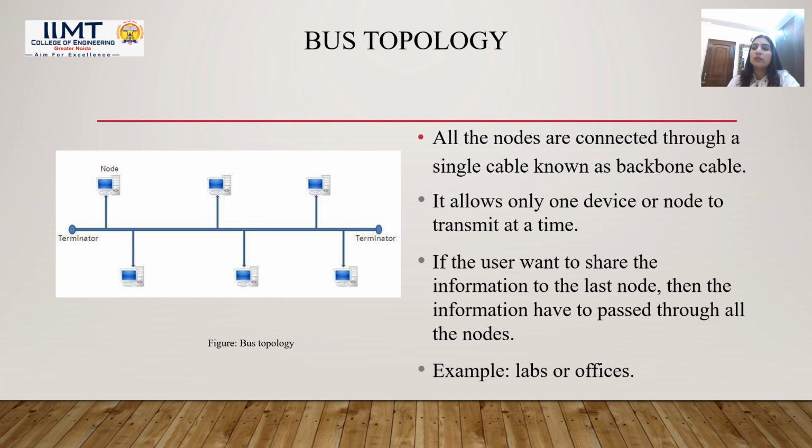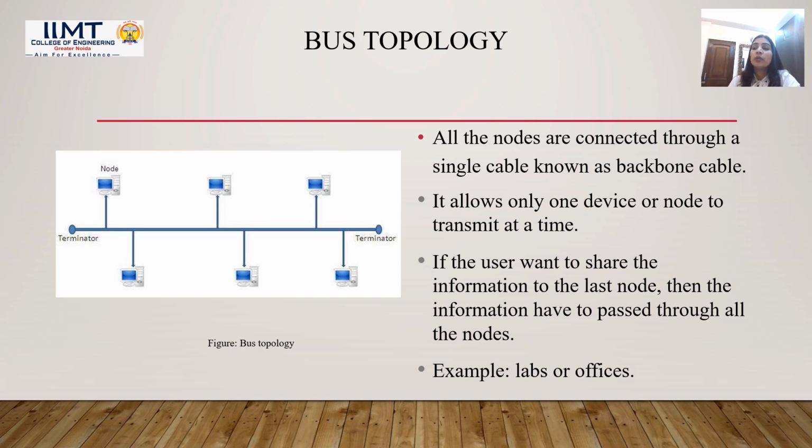We'll start with the bus topology. As we can see in the figure, it is designed in such a way that all the nodes are connected through a single cable, and this single cable is known as the backbone cable, as shown in the figure.